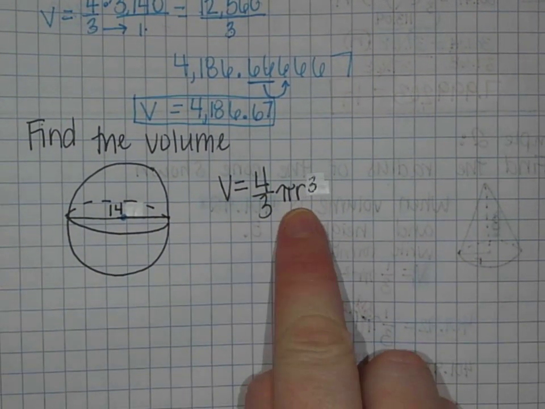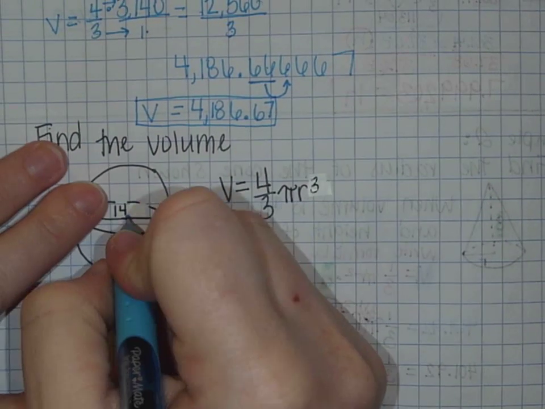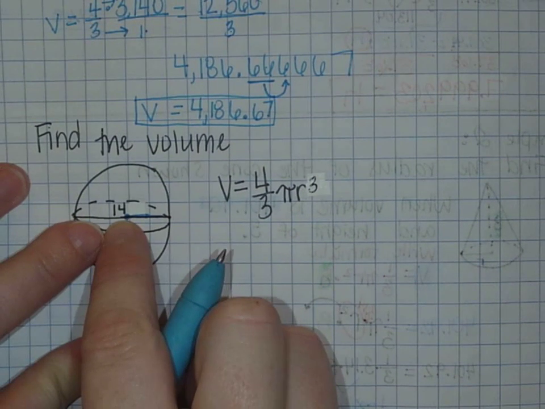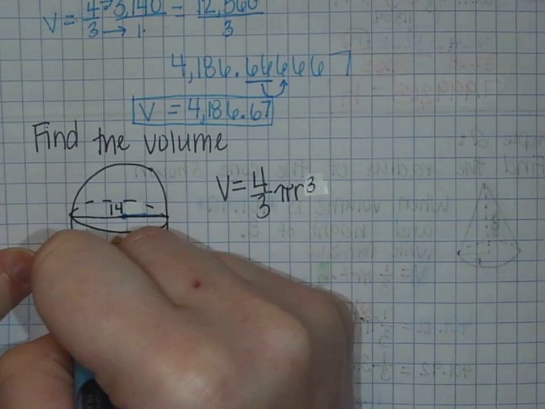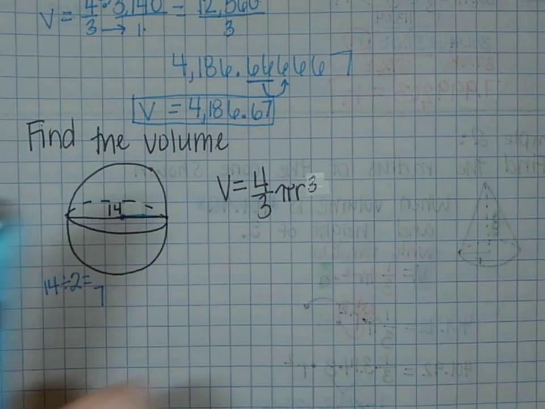So in this, we need the radius. Notice the radius is only halfway. We have the entire thing. So you have to take 14 and divide it into 2 equal parts, which would give you 7. So our radius is actually 7.